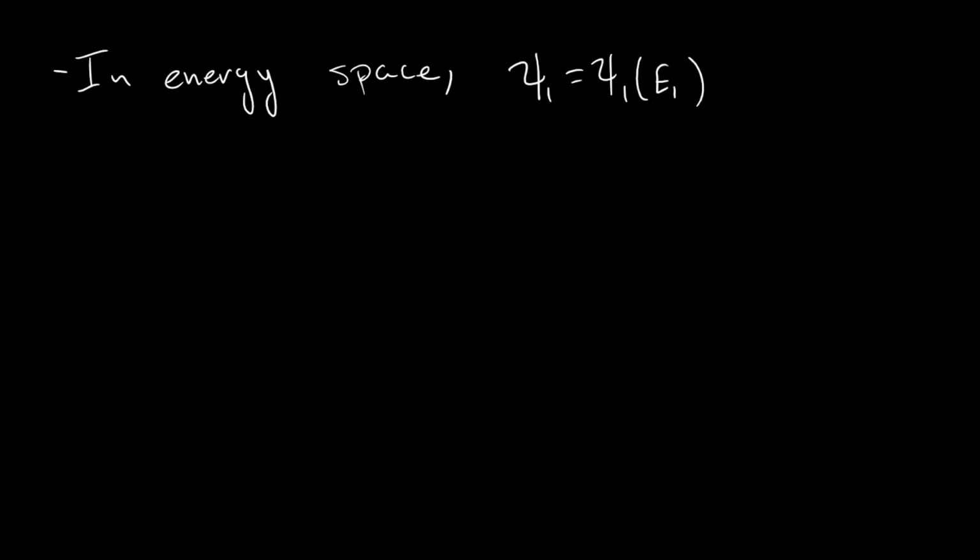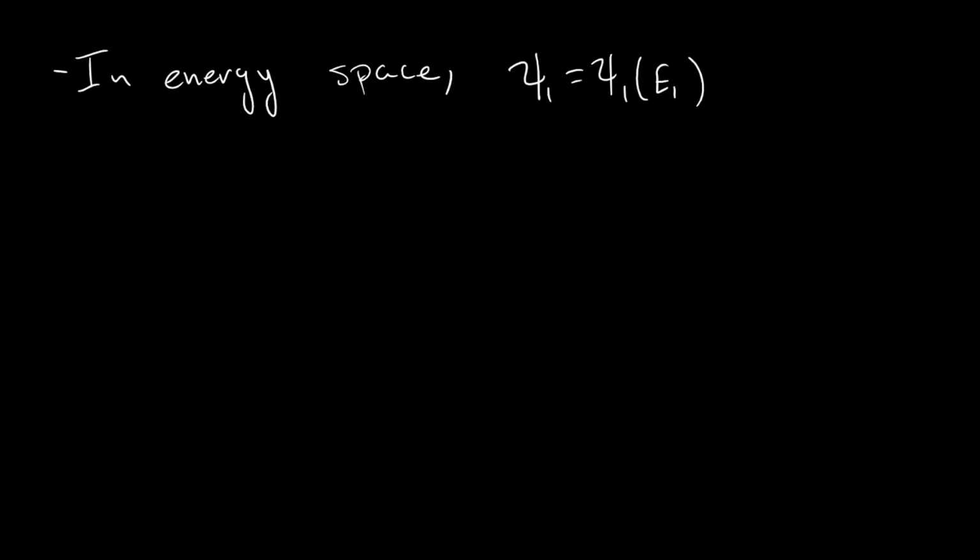So say in the energy domain, so in energy space, sounds a little more sci-fi, so we'll call it that. In energy space, say I have some psi 1, which is psi 1 of E1.